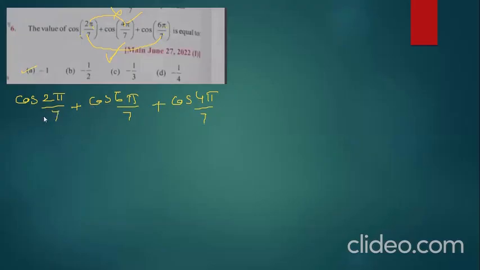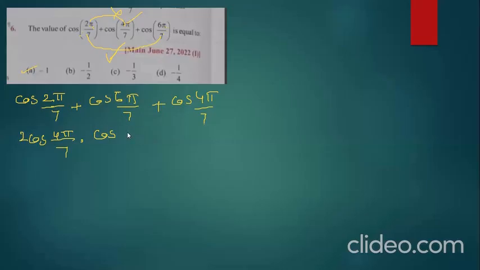Cos A plus cos B is 2 cos of (A plus B) by 2, that is 8 pi by 2, that is 4 pi by 7. I'm writing directly cos of (A minus B) by 2, that is 2 pi minus 6 pi, right? 2 pi minus 6 pi is minus 4 pi, and 4 pi by 2 means 2 pi. Okay, cos of minus theta is cos theta only.